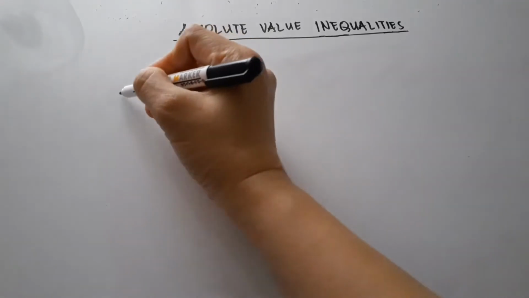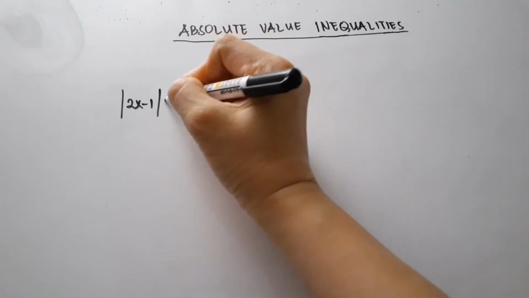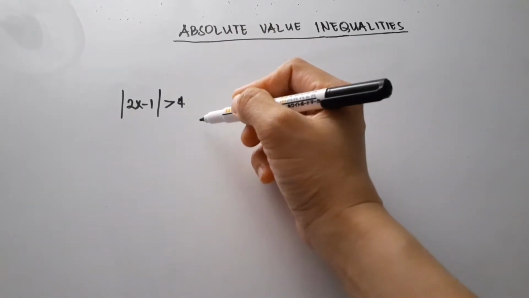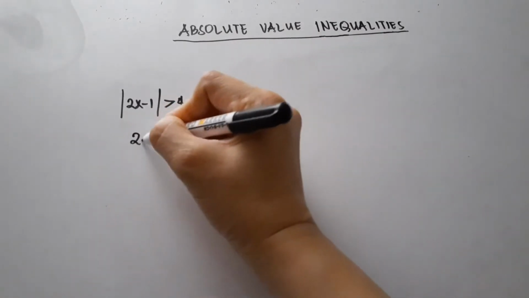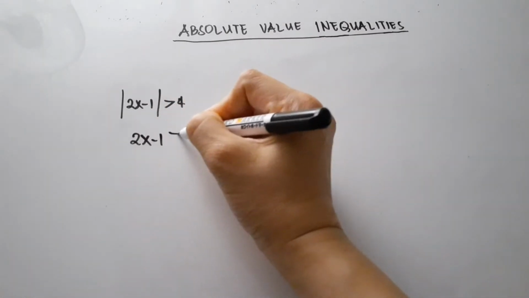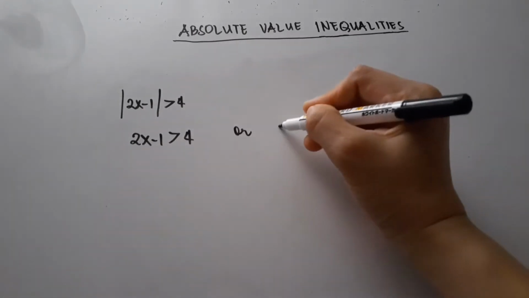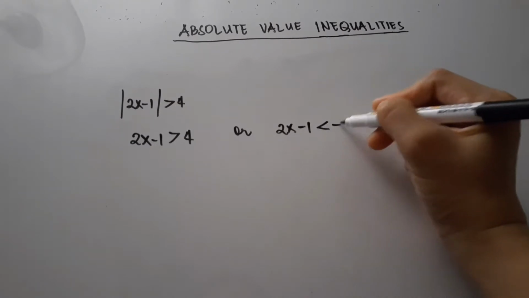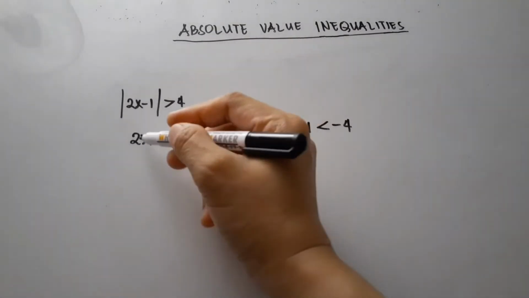Let's say an equation which is the absolute value of 2x minus 1 greater than 4. So we have 2x minus 1 greater than 4, or 2x minus 1 less than negative 4. Remember to change the direction of the inequality.